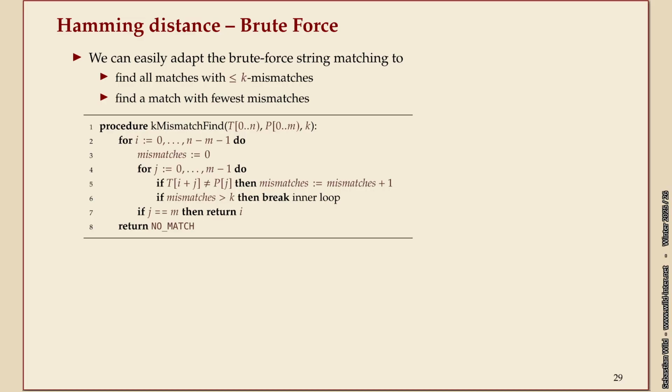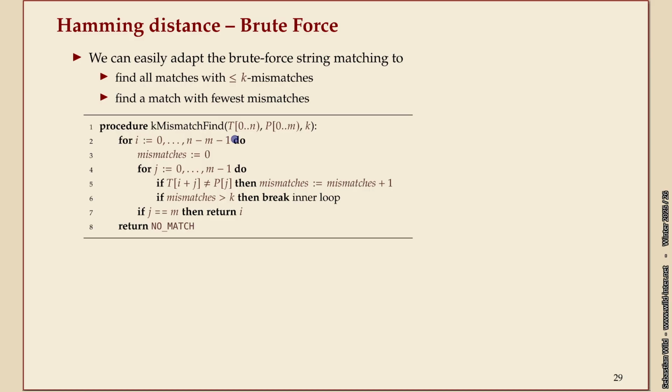What can we do? If I give a certain position in the text, I can compare character by character with my pattern and see if the number of mismatches I get is below a certain threshold. So for example, if I have a threshold of k mismatches and my text and my pattern, I can do the brute force string matching algorithm that tries every possible position. And instead of checking that all characters match, I'm just counting how many don't and skipping ahead if there's too many.